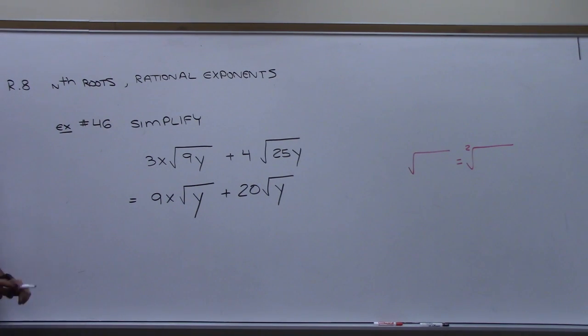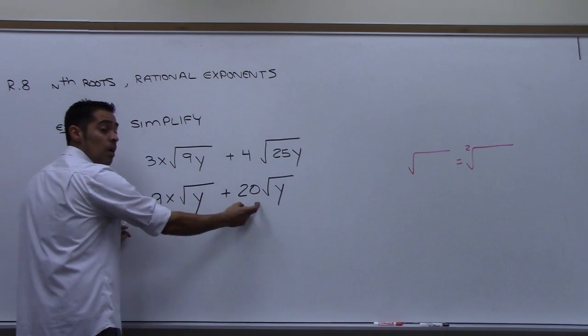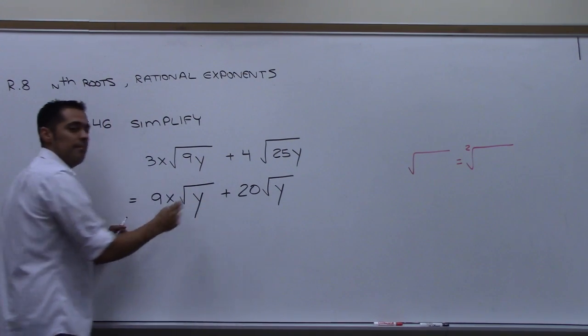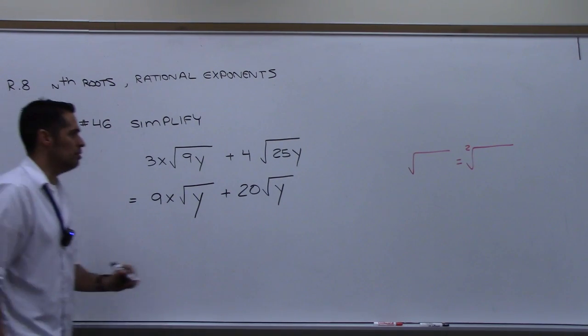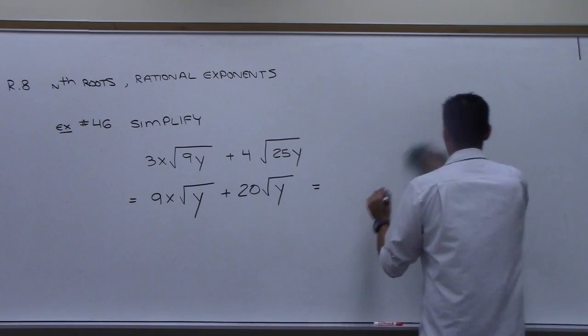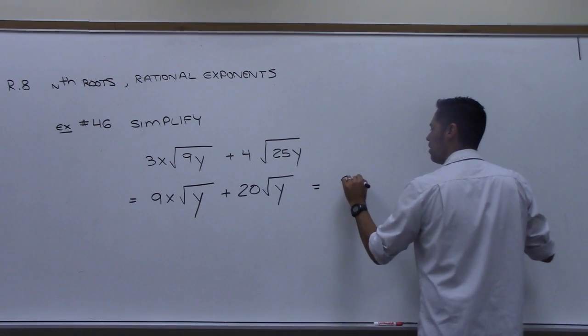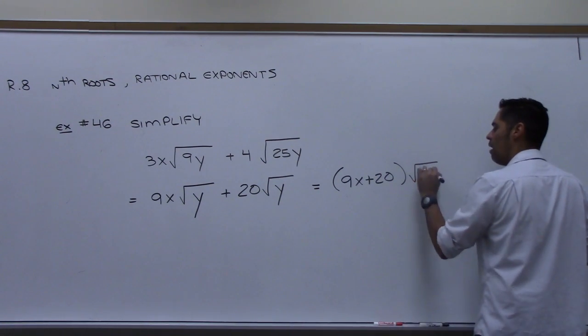However, the way you do it is you put the 9x together with the 20, and you add them. And the thing is, we can't put 9x and 20 together. What's 9x plus 20? The best you can do at this point is 9x plus 20 in parentheses root y.